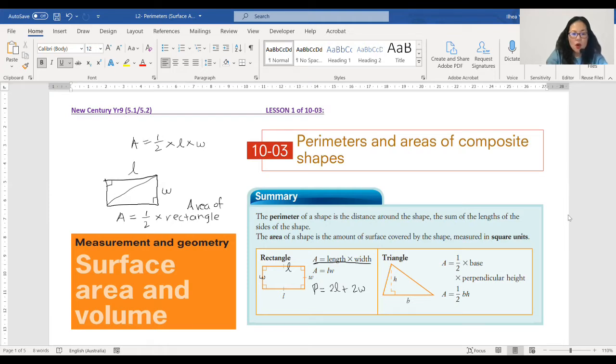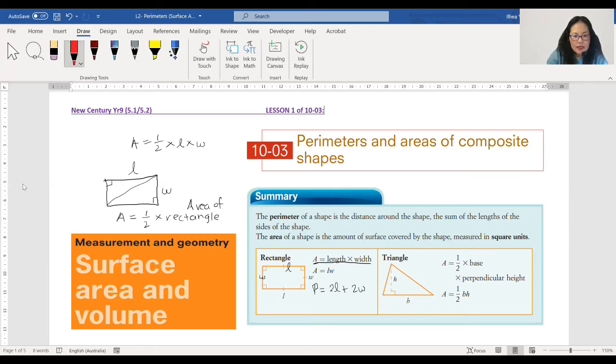So I'm going to use a different name for the length and the width. This length is the same as here, length. Okay, it's the base of the triangle, guys. It's the base of the triangle, isn't it? So I'm going to call this length B for base. And this W could be my height.